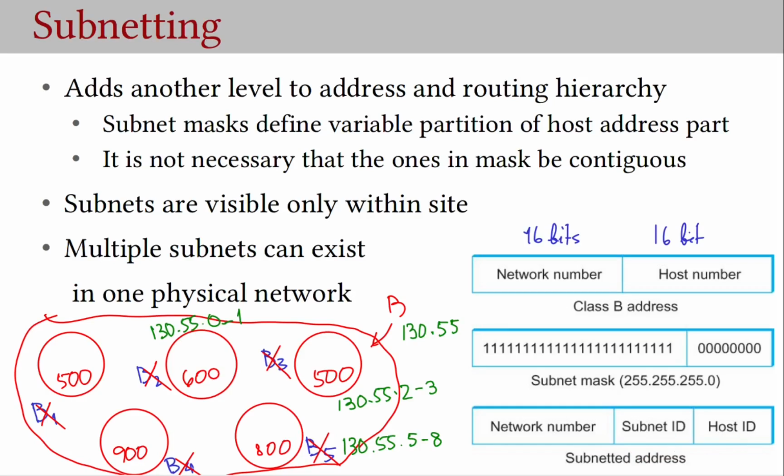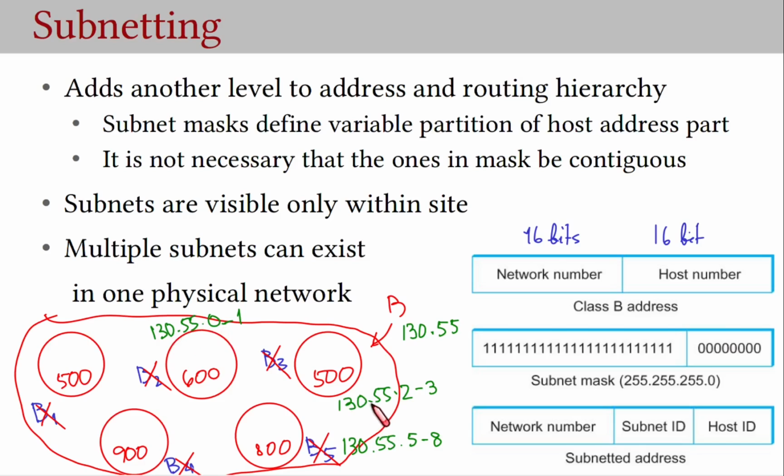So suppose this campus is assigned this class B address 130.55. Now using subnetting we can allocate several class C addresses to, let's say, different schools. So this might have an address 130.55.0 and 1.